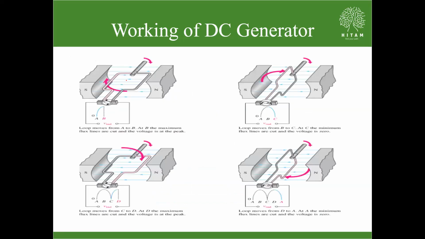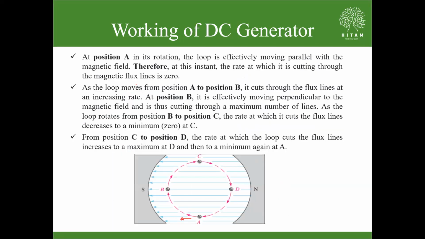In this figure 1, both the coil and the field lines are in the same direction. So the angle maintained is 0 or 180, and sin 0 or 180 is 0. The magnetic flux cutting is 0 at position A.